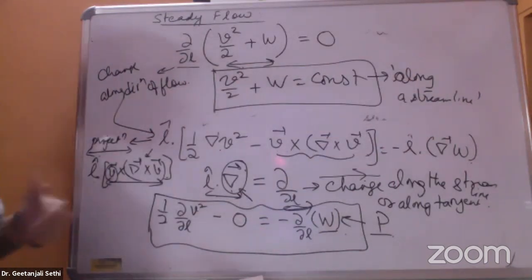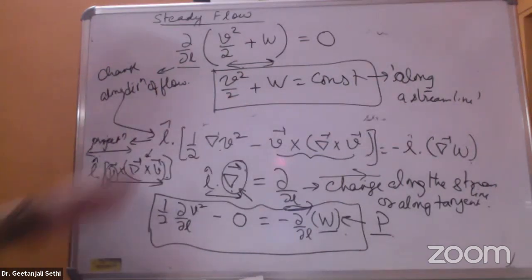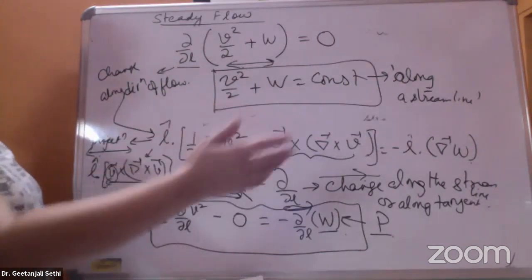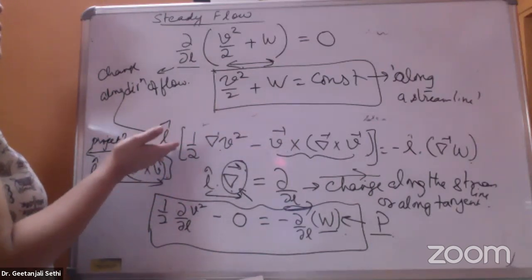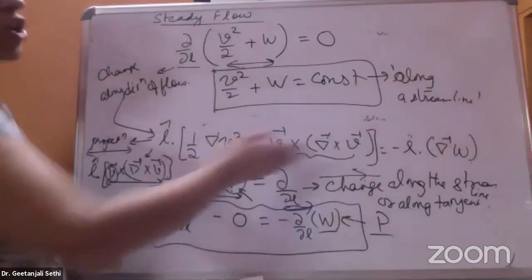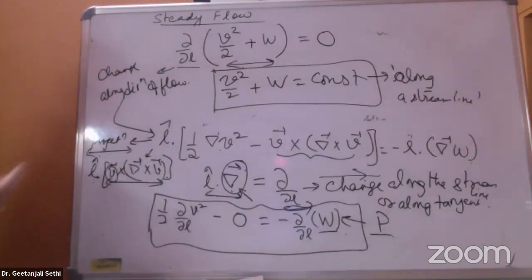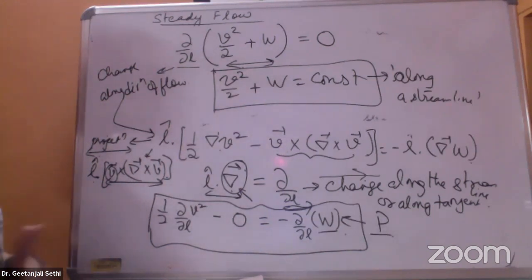So why did I bring this concept of streamline? Because instead of defining a tangent to a streamline, I could have just said to take the dot product along the direction of flow, along the velocity vector. But that will not help you in a general case, because the velocity field is a vector field and it becomes very complicated to deal with.